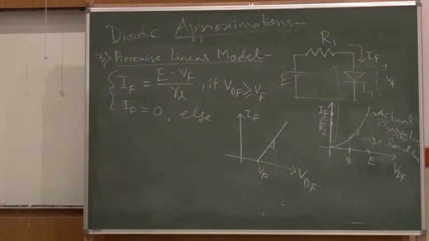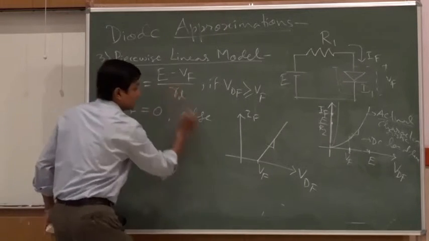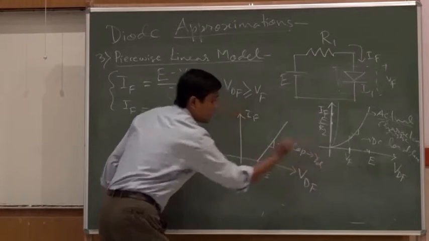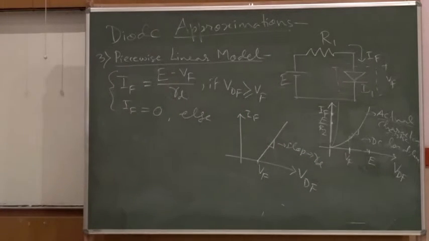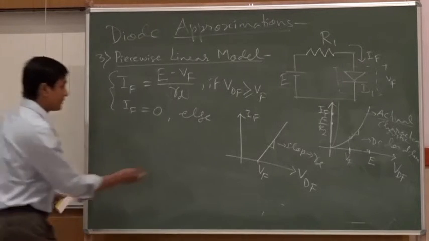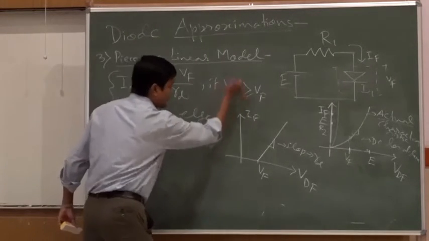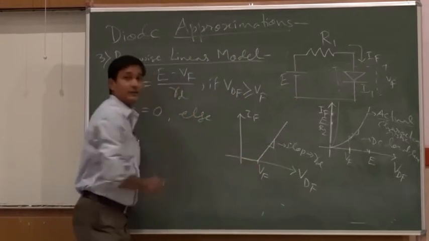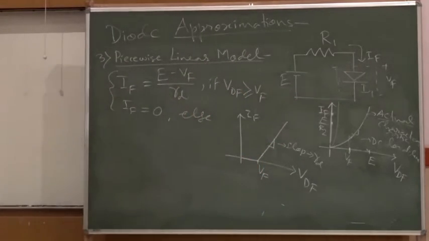Delta V by delta I, that is Rd. So this Rd is related to this slope, and the slope decides the Rd value. Now, if the voltage across the diode is less than Vf, then things are 0, no need to consider that.